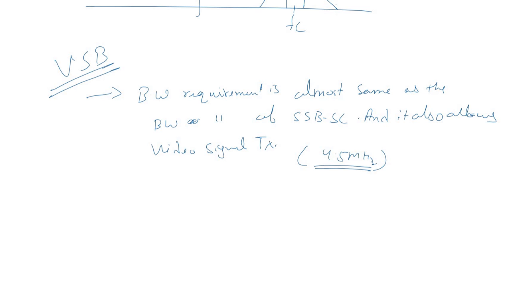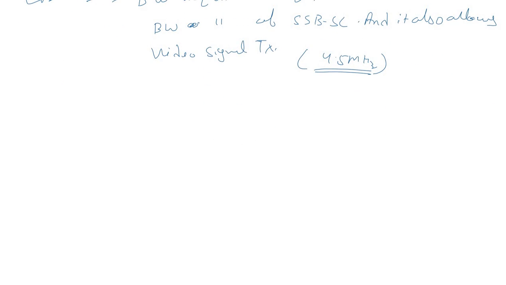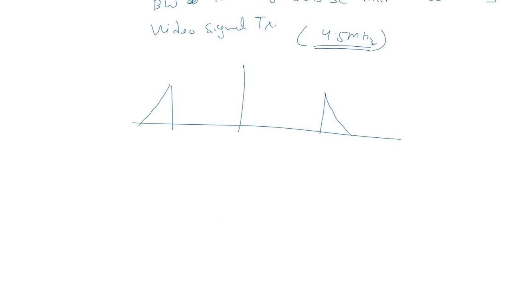Now, what is the principle behind vestigial sideband modulation? In SSB-SC we pass only a single sideband, either the lower sideband or the upper sideband. In case of vestigial sideband modulation, we pass a vestige. So let us say that this dotted one is the suppressed sideband, and this is the passed or the desired sideband, and this dotted one is the suppressed sideband in case of SSB-SC modulation.